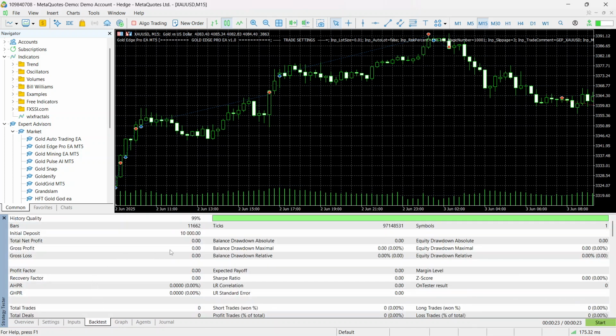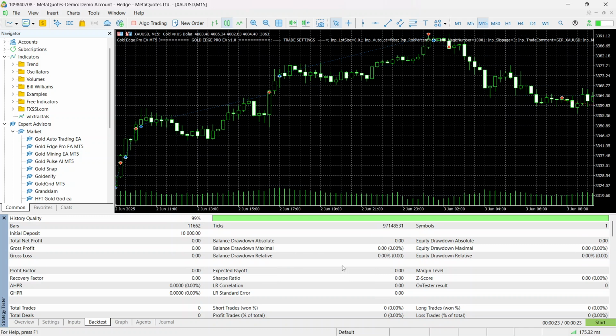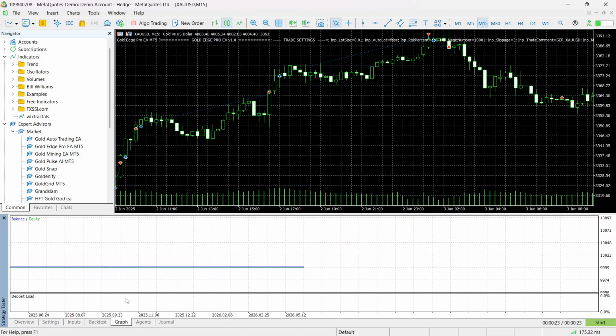And for the backtest results, absolutely disappointing. Zero net profit, zero trades taken, zero deals. Basically, the EA refused to work. Equity curve: completely flat, a straight horizontal line across the whole period, no dip, no rise, no nothing.